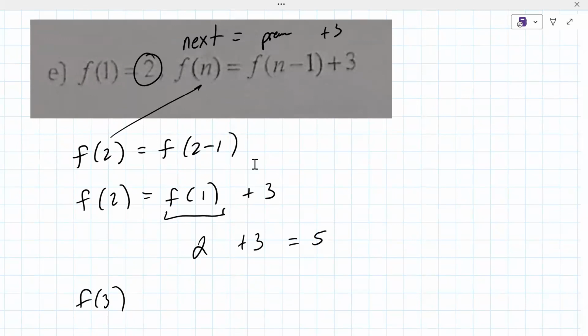So f of 2 equals 5. So f of 3 equals f of 2 plus 3. So then f of 3 equals 8. And then f of 4 equals f of 3 plus 3. F of 4 equals 11.